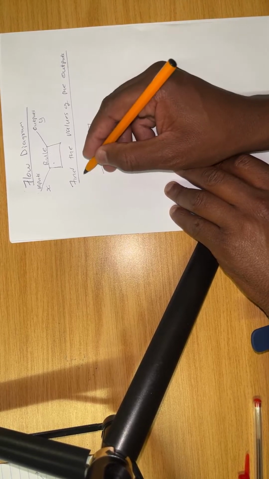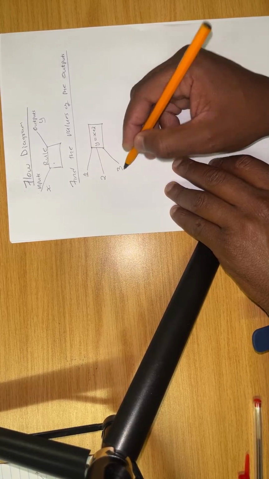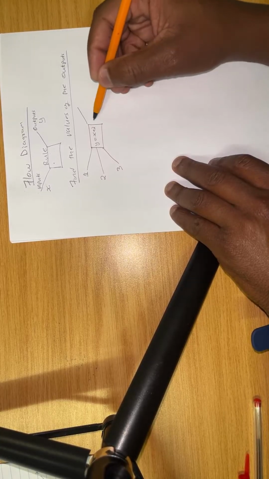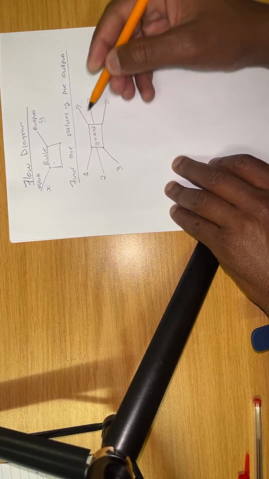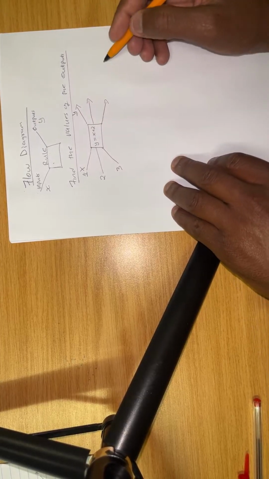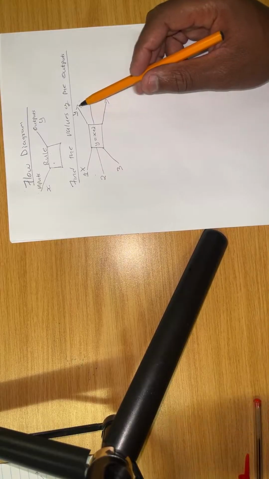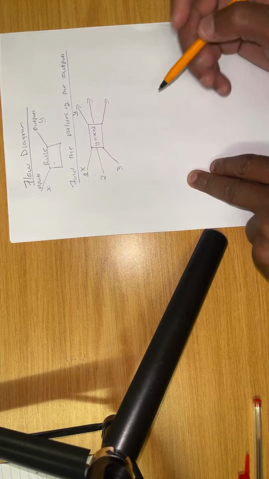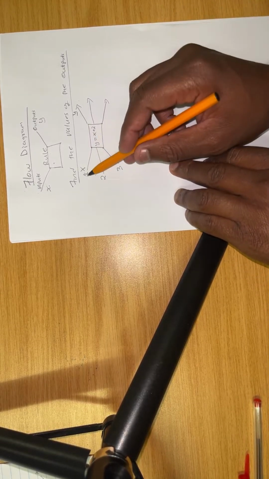You have been told that the input value of x here is 1, this is 2, and this is 3. So now you are to find the outputs, which are values of y. So this is x and this will be y. To find the values of y, you are going to replace x by 1.